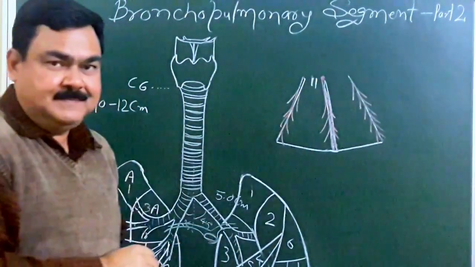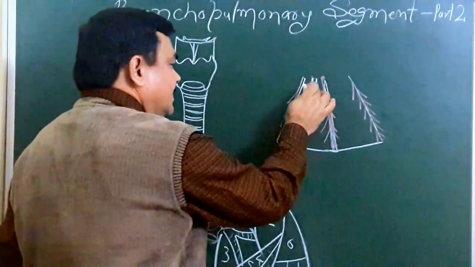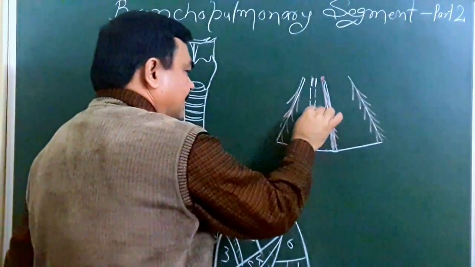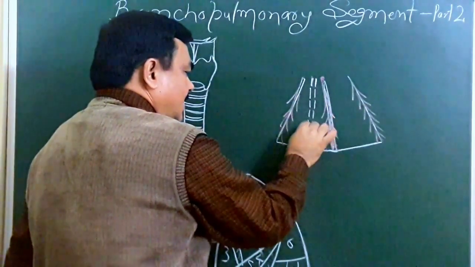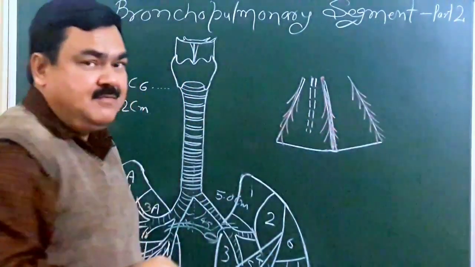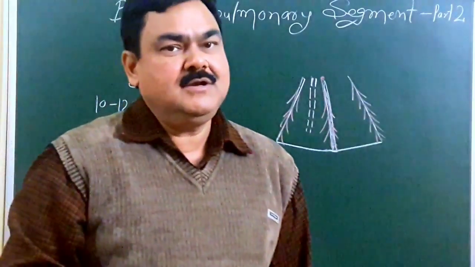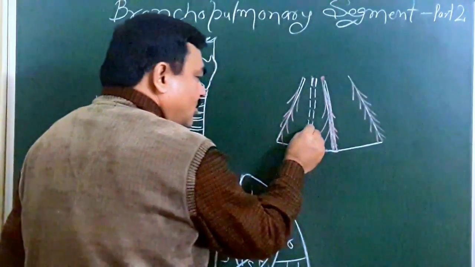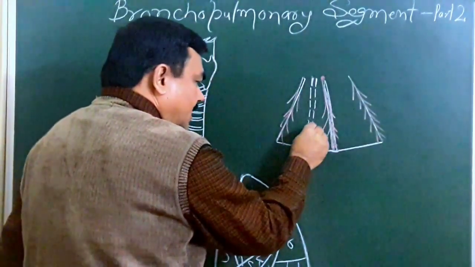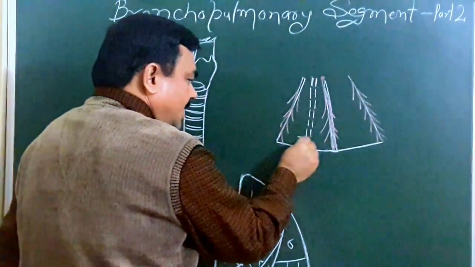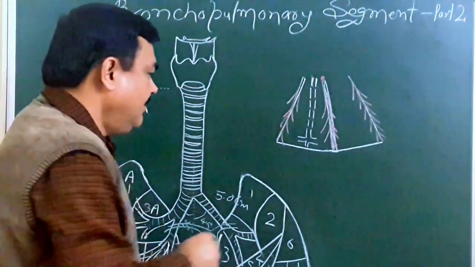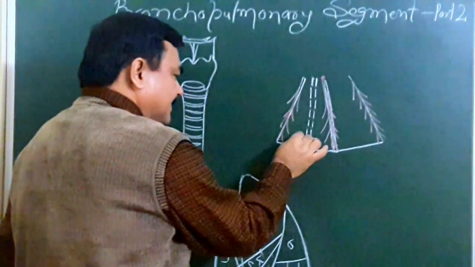Here is tertiary bronchus. This tertiary bronchus divides into several divisions and forms terminal bronchiole, and terminal bronchiole divides and forms respiratory bronchiole. Respiratory bronchiole continues with the alveolar duct, which is continuous with atrium and alveolar sac.